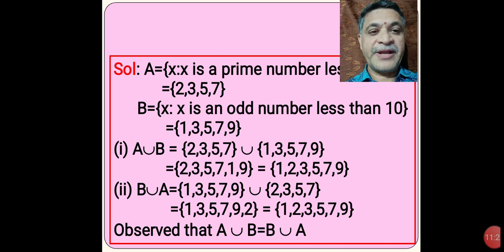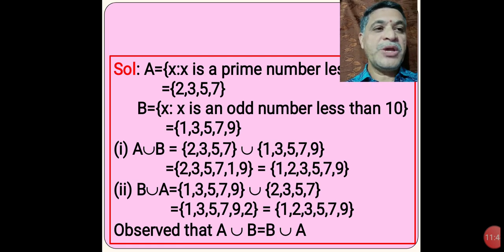It is not repeating in the previous set. So you write 1. 3 already there. 5 already there. 7 is there. Now 9, it is not in there. You write 9. Arrange them in order. We get 1, 2, 3, 5, 7, 9. So A union B is equal to 1, 2, 3, 5, 7, 9.